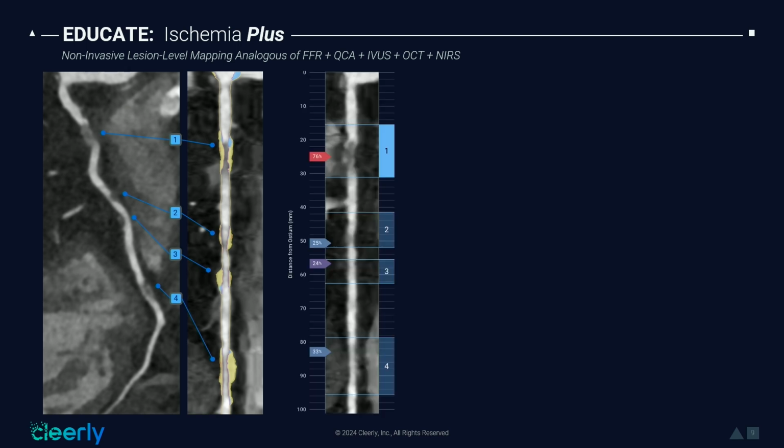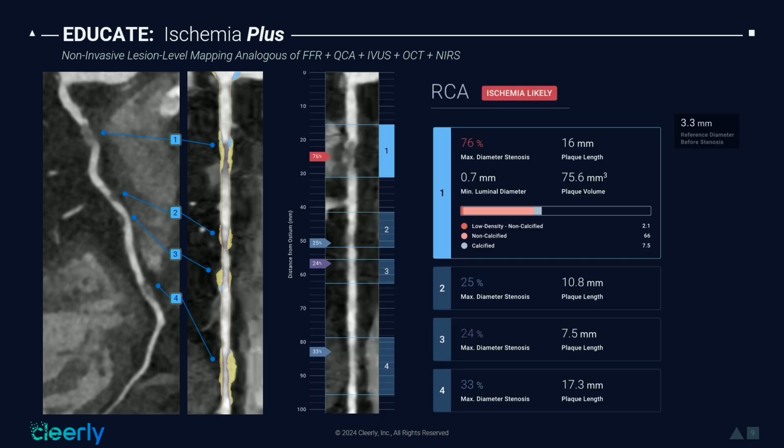So to take a tool where you can do full comprehensive imaging, lesion by lesion segmentation, and really not only determine whether a vessel is ischemic, but also give you analogous information like diameter stenosis like QCA, plaque volume like IVUS, plaque length, minimum luminal diameter like OCT, and then lipid-rich plaque like a near-field infrared spectroscopy catheter. So really an all-in-one solution, lesion by lesion.